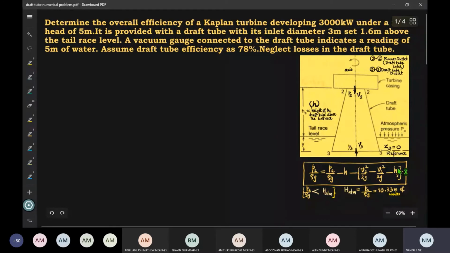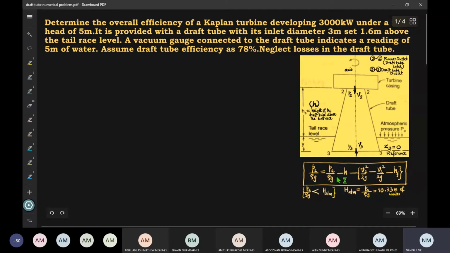So we can ignore this HF. You can assume that HF is 0 in this case. Now the energy recovered is V2 square by 2g minus V3 square by 2g. And this small letter h is 1.6 meters.